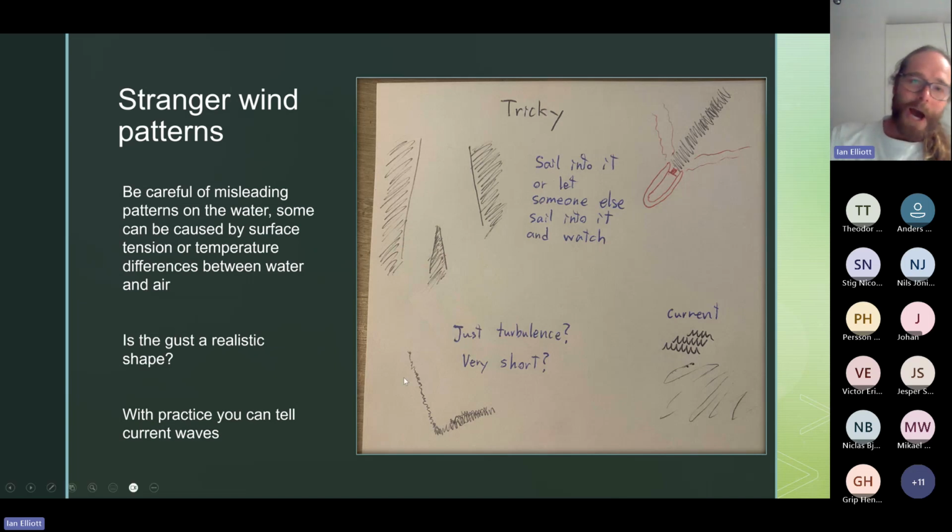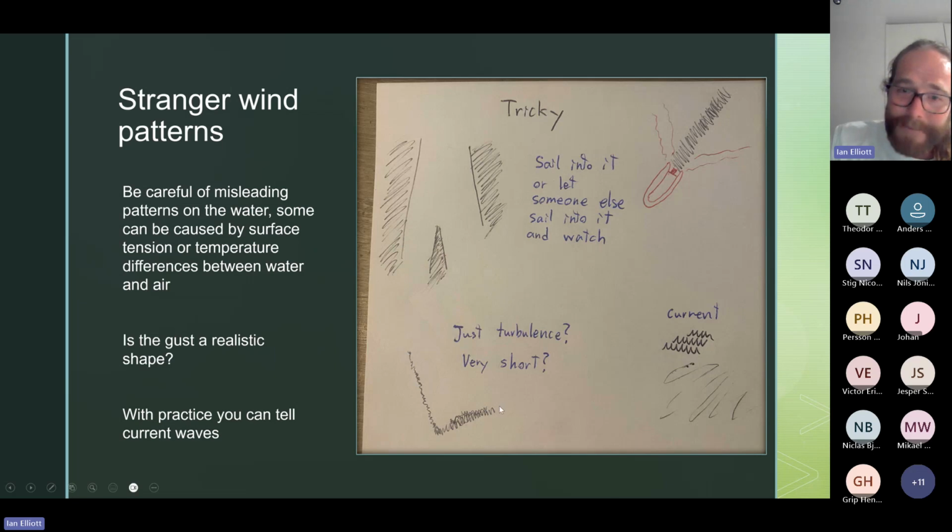This one is sort of the opposite situation. This is my artistic interpretation of a gust that I saw on Fjoset when there is a relatively high hill to windward of us. It was a southerly, so you get these cat's paws. You also get just, what on earth is this?